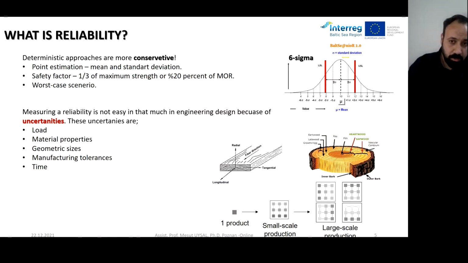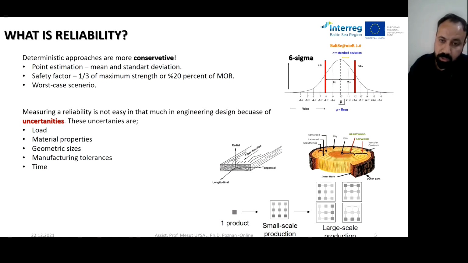These uncertainties include loading during time. How many people can use a chair? We cannot know that. How many cycles are applied on that chair? We cannot know that.